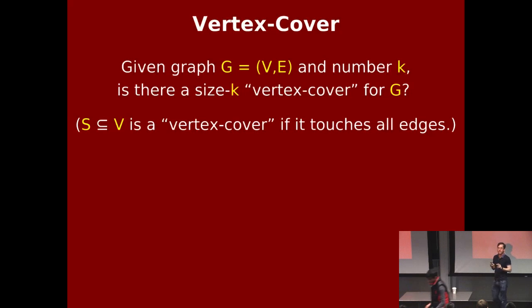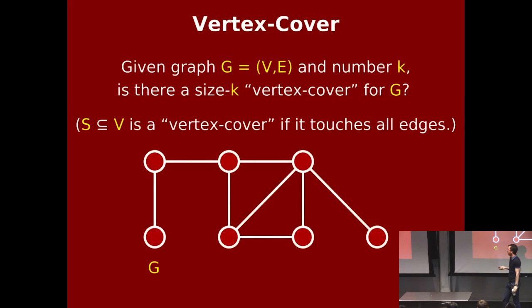Now, vertex cover is a technical term. A vertex cover is a set of vertices, S, such that every edge touches at least one of the vertices in S. You've got to cover all the edges, which is why it's called the vertex cover. So you're trying to find if there's a small set, of size at most k, of vertices that touch all the edges.